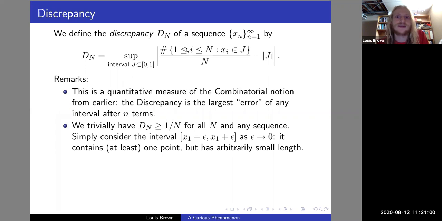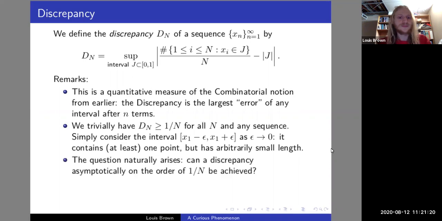So up here, this would be at least 1 over n, and this is going to 0. I had originally written here the degenerate interval from x_1 to x_1, but I was worried there would be some purists who would call me out on that and be unhappy. So this is a proper interval.